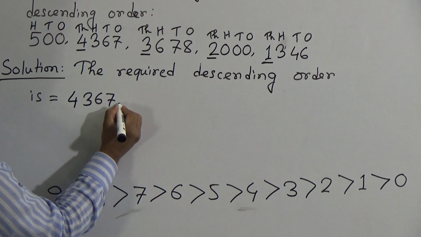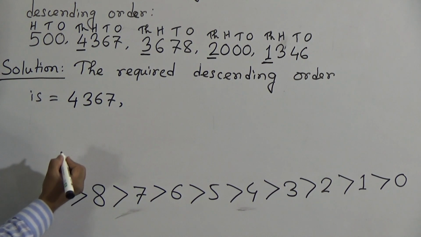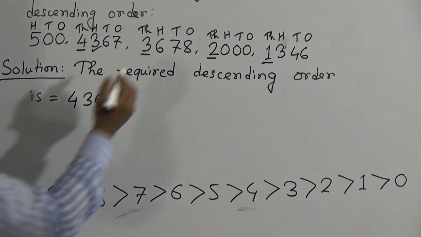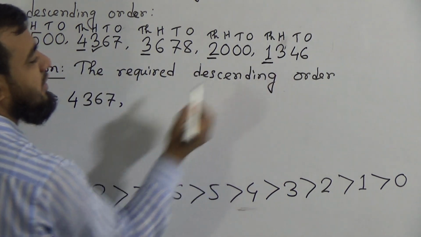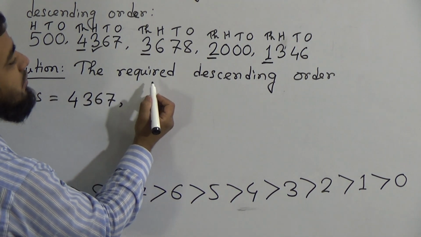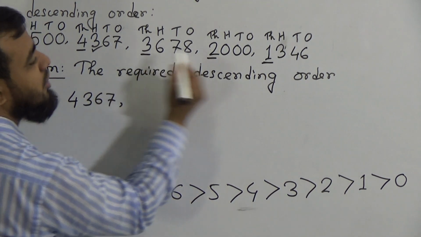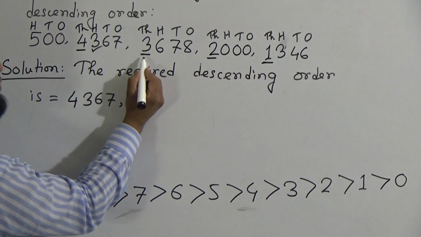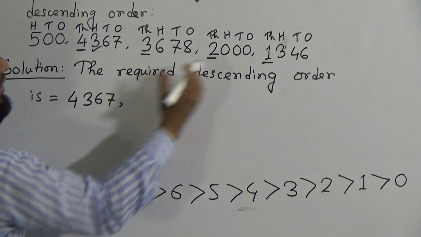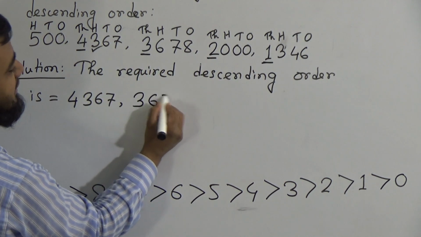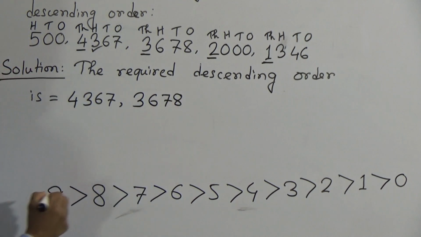Our next biggest number should be what? Already this one is done, right? Now we have 3 numbers with a thousands place value: 3, 2 and 1 in the thousands place. Our next biggest number should be the one with 3, because 3 is the biggest among these. So 3678 will be our next biggest number.